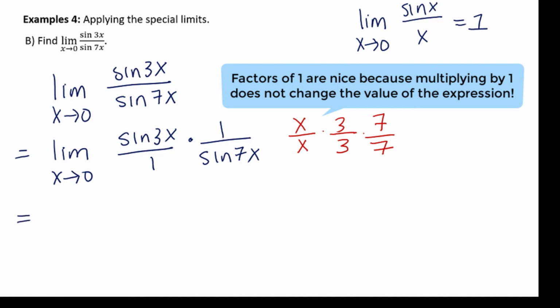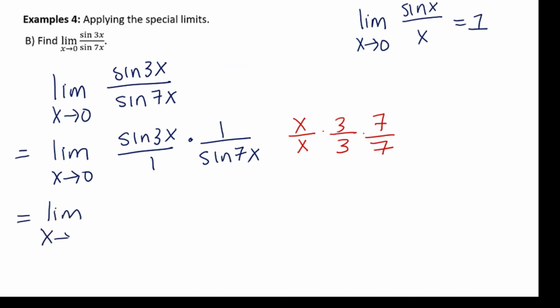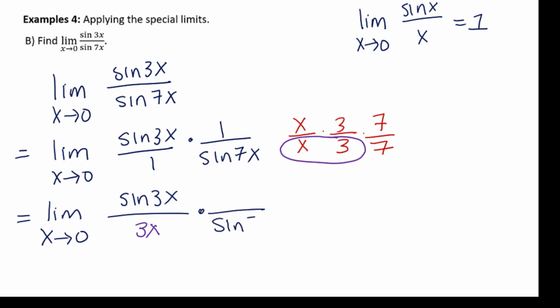So this will give me the limit as x approaches 0 of sine of 3x, and I will regroup the 3x and write it below the sine of 3x. The sine of 7x is in the denominator, and I will regroup the x and the 7 from the numerator and write that in the numerator, so I have 7x divided by sine of 7x.